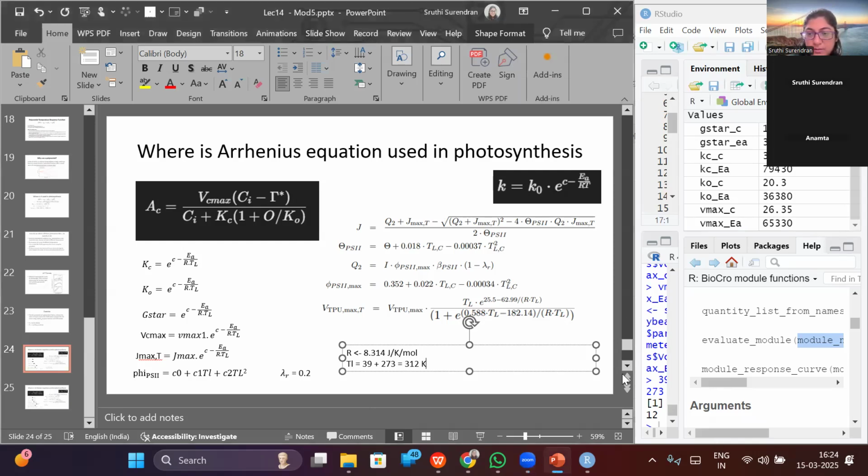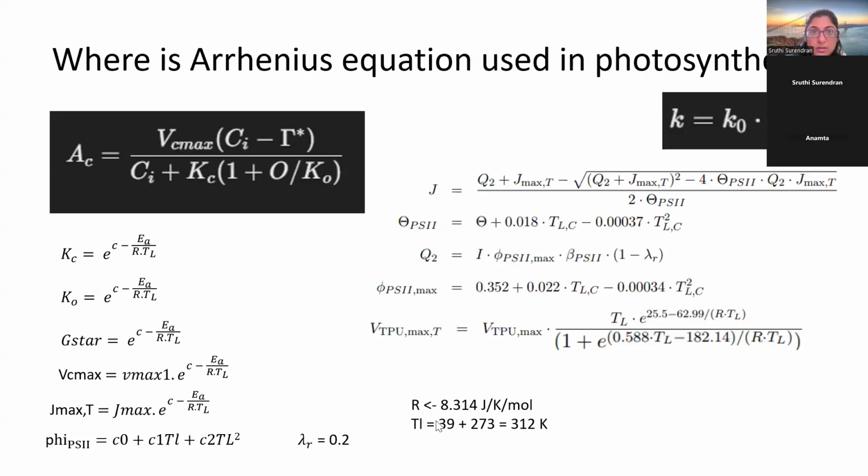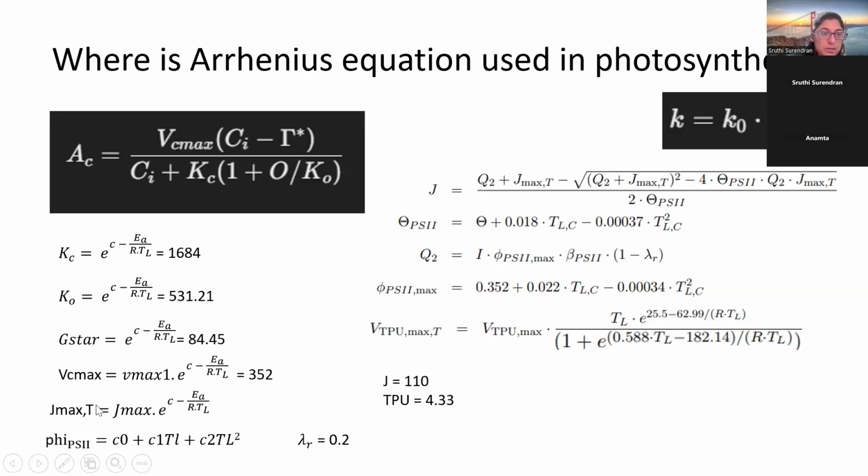I'll just show my answers. So here I got Kc as 1684 ppm, K naught as 531.21 concentration of oxygen, G star is 84.45, and Vc max is 352.